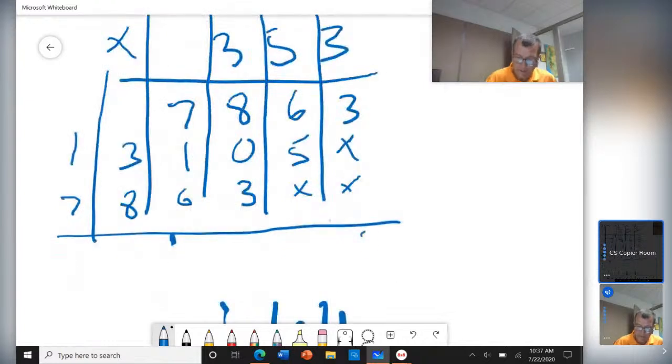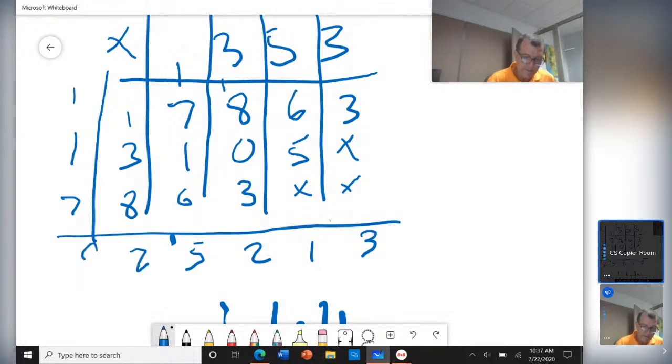We're going to get 3. That's 11. Carry the 1. 3 plus 8 is 11, plus 1 is 12. Carry the 1. 6 plus 1 is 7, plus 7 is 14, plus 1 is 15. Carry the 1. 8 plus 3 is 11, plus 1 is 12. And carry the 1. 7 plus 1 is 8, plus 1 is 9.